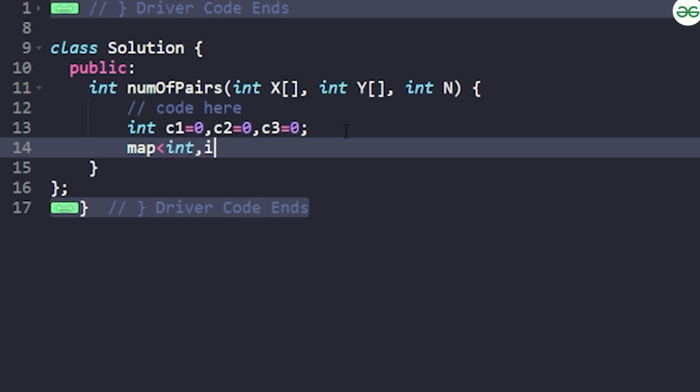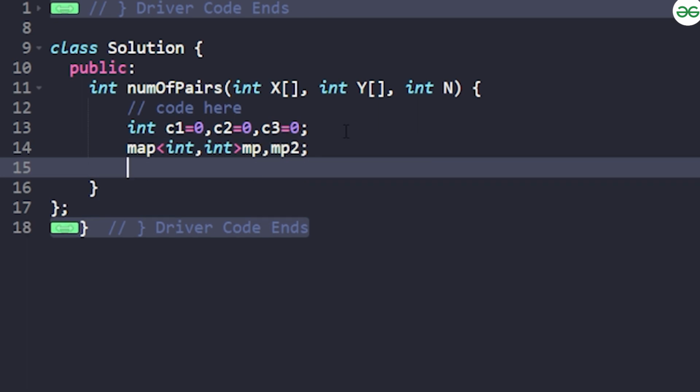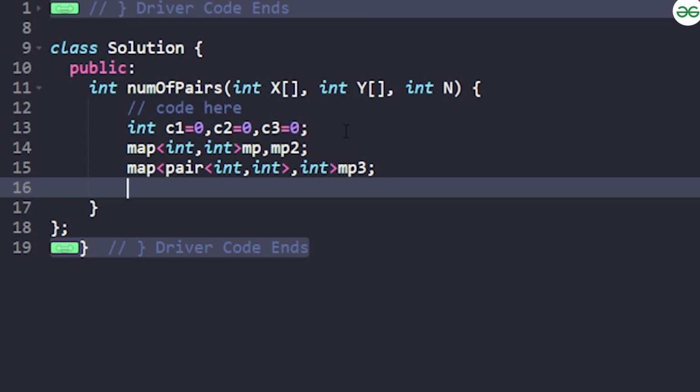What you'll have is map of int comma int, let's say map 1 for counting the pairs that have the same x-axis, map 2 for counting the pairs that have the same y-axis, and then after that you will have a map of pair int comma int, wherein with this particular map 3, you will be counting the pairs that have the same x and y axis, right?